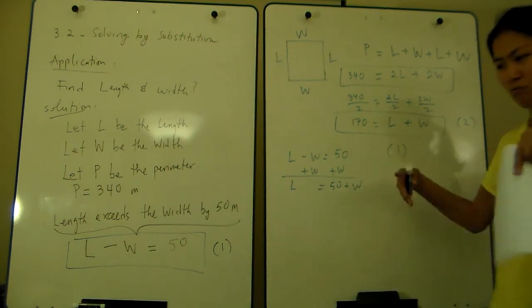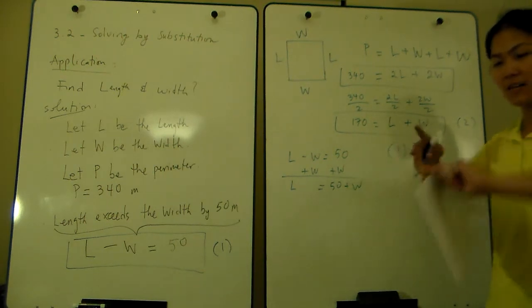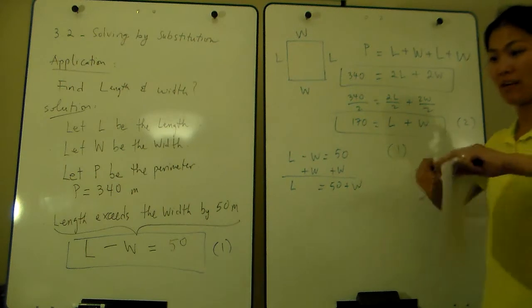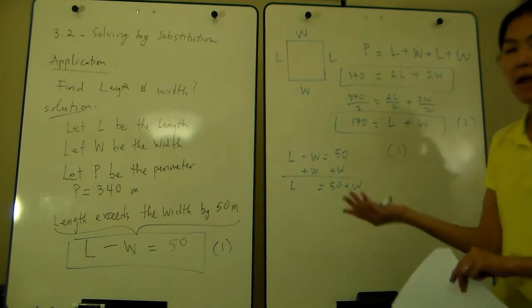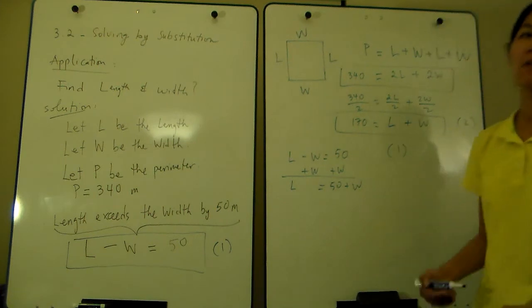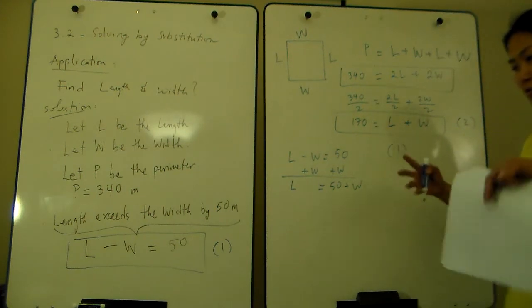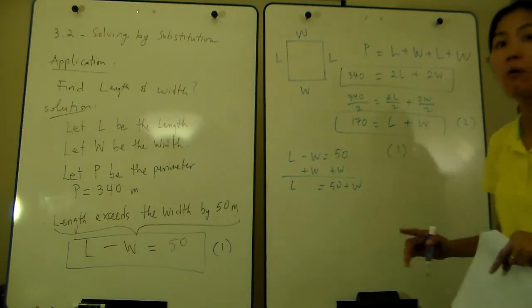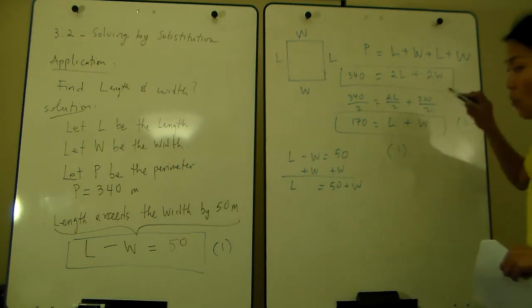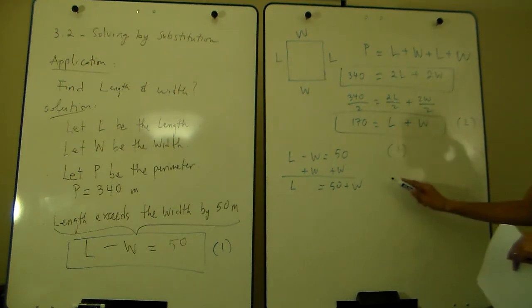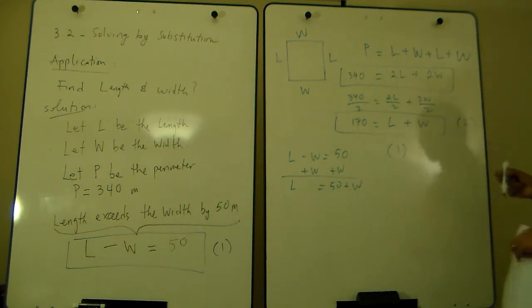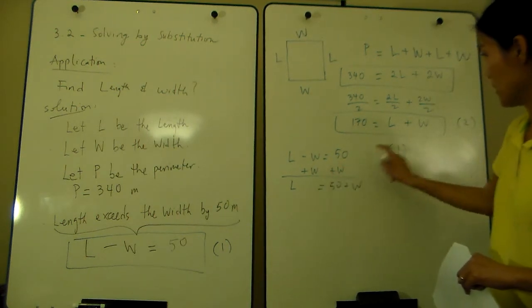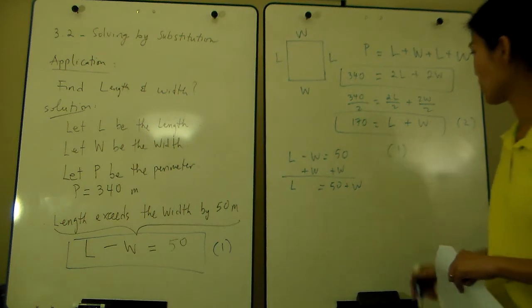You want the two equations to intersect so that you can eliminate, simplify, and find the two variables. Make sure you have interaction between the two equations. So substitute equation 1 into equation 2. I'll substitute L right here into this L in equation 2.